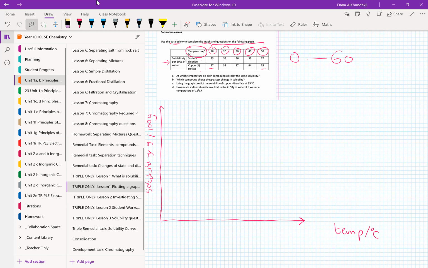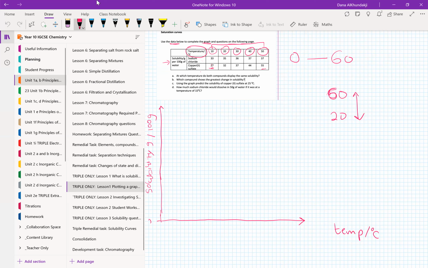Okay, so let's say the highest solubility is 60, not 55, and then your lowest is let's say 20, you can divide your scale between a range of 20 and 60, and you can start off at 20 and then you go up your scale accordingly.